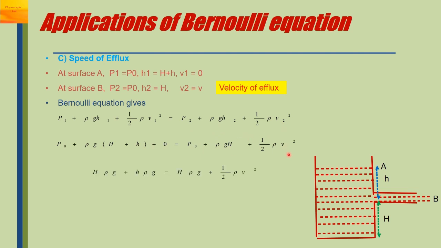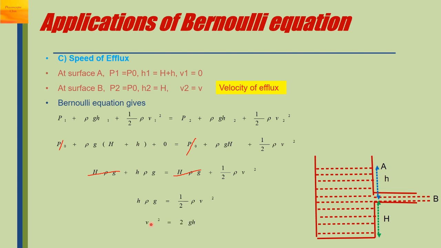Now P0 and P0 will get cancelled out. We can open up the bracket: rho g into H plus rho g into small h. Again, we observe that the h rho g terms get cancelled out, and what remains is H rho g equal to half rho v square.